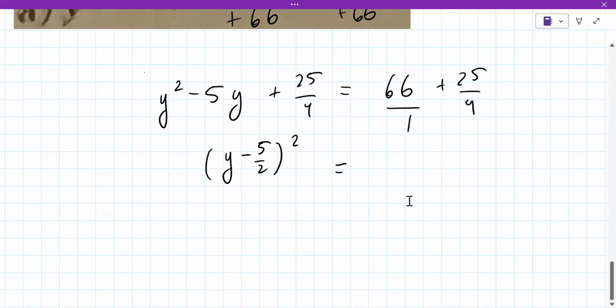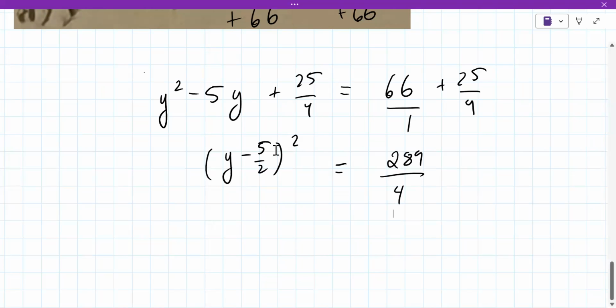So, can you tell me what the right side becomes? 66 times 4. Let me get my calculator. 264 plus 25. 289 over 4.